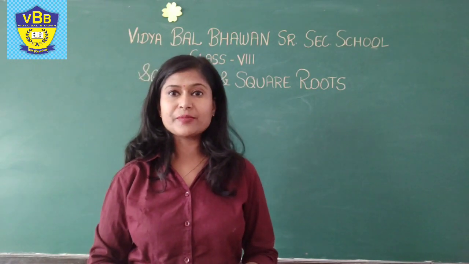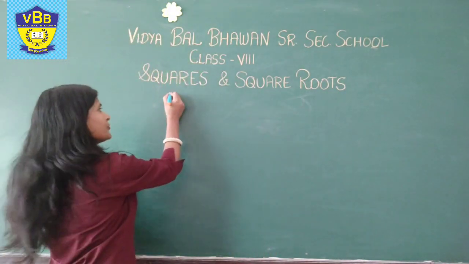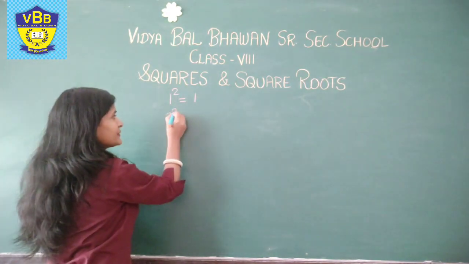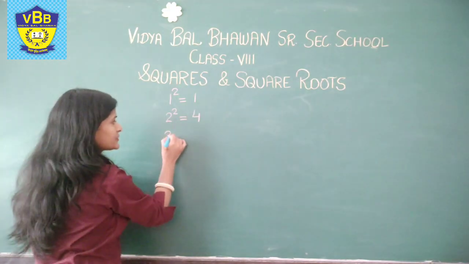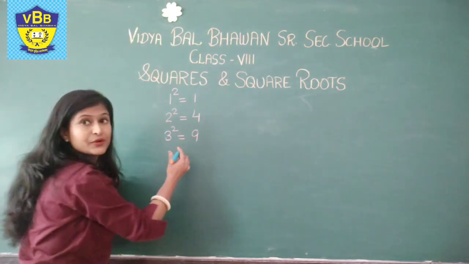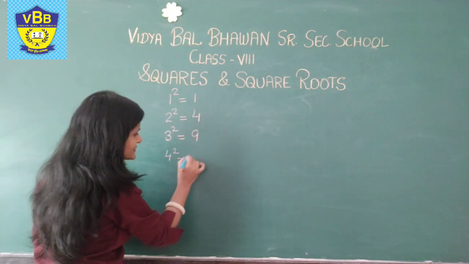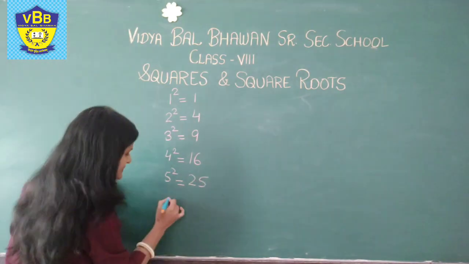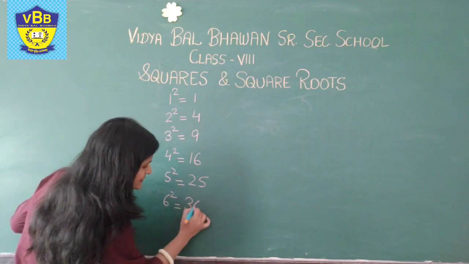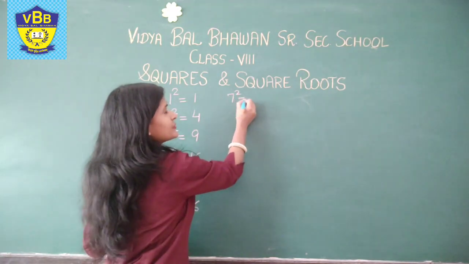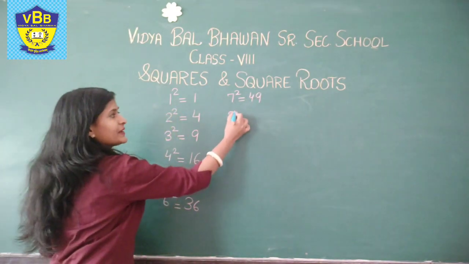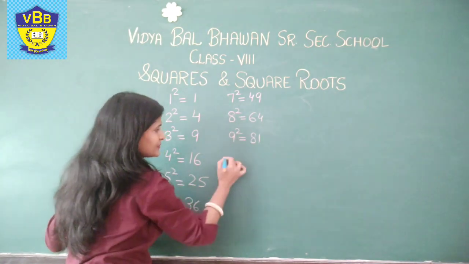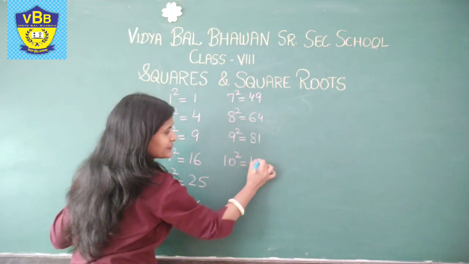Before starting this topic, let's recall the squares. 1 square is equal to 1, 2 square is 4, 3 square is 9, 4 square is 16, 5 square is 25, 6 square is 36, 7 square is 49, 8 square is 64, 9 square is 81, 10 square is 100.